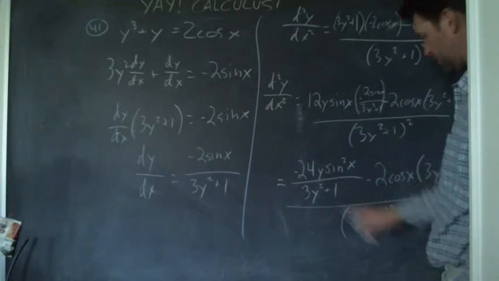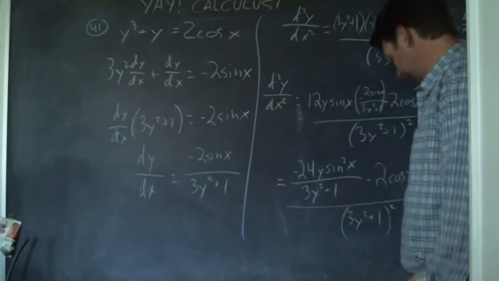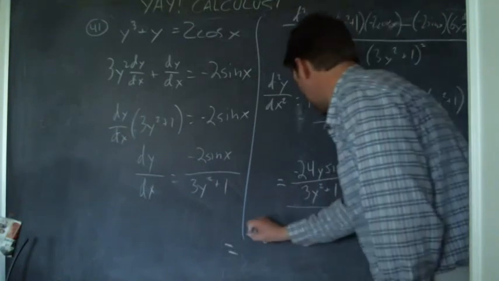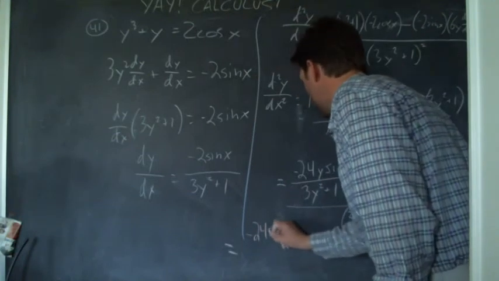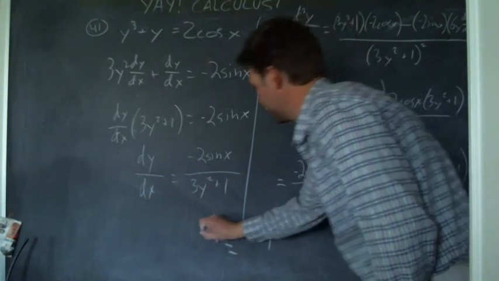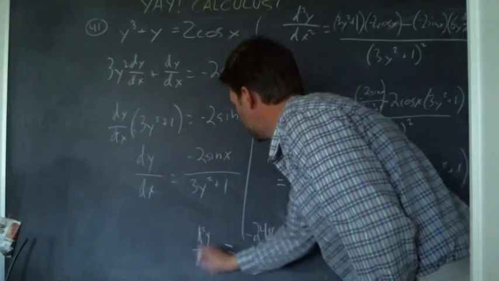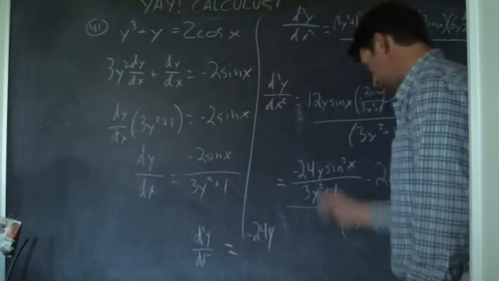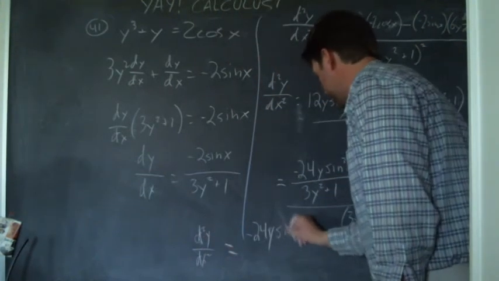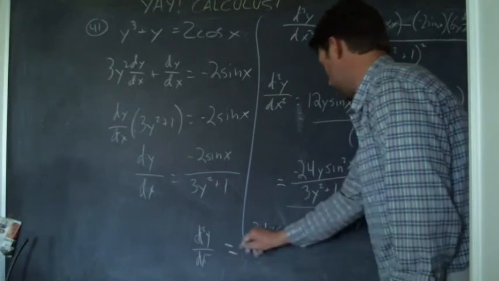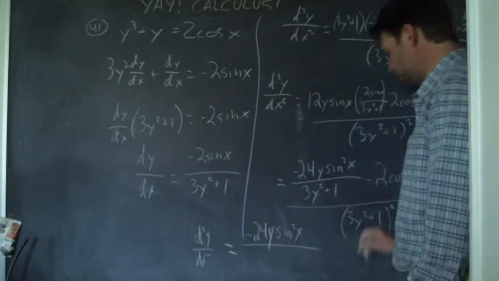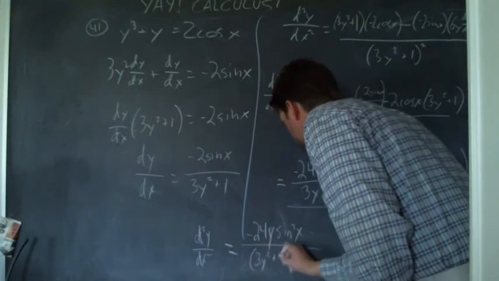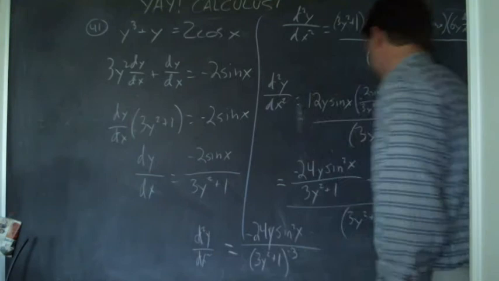We can turn this into two fractions a lot easier. That'll be our final answer. Keep the top here, so it'll be negative 24 y. This is the second derivative, of course. Negative 24 y sine squared of x over, so there's 1 down the bottom and 2 more down the bottom, so that's going to be 3y squared plus 1 to the 3.